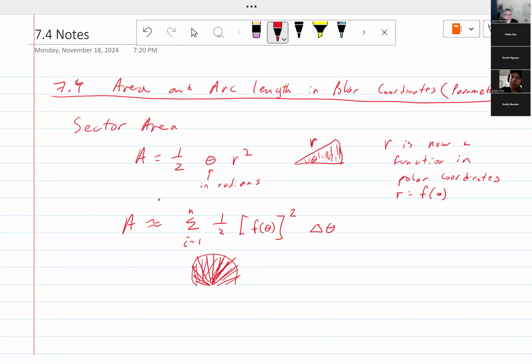The higher the value of n, the more accurate we get. If we slice this up into 10 different wedges, that's not as accurate as if I sliced it into 70 slices. But each of them gives me the area of one sector.